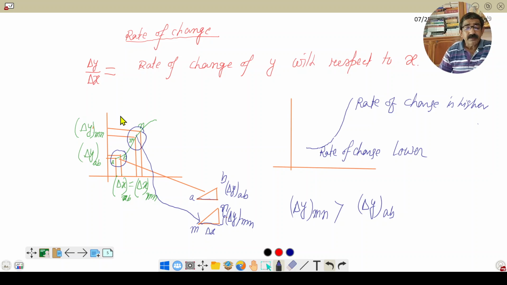Because at this portion, this angle theta 2 is greater than theta 1.